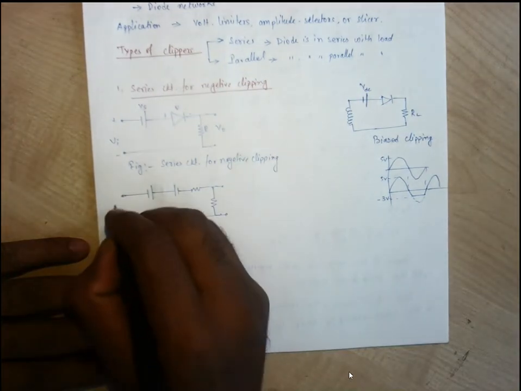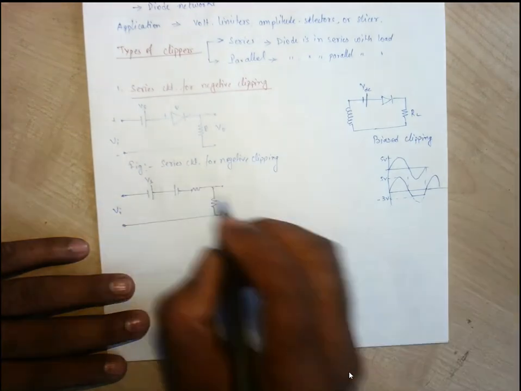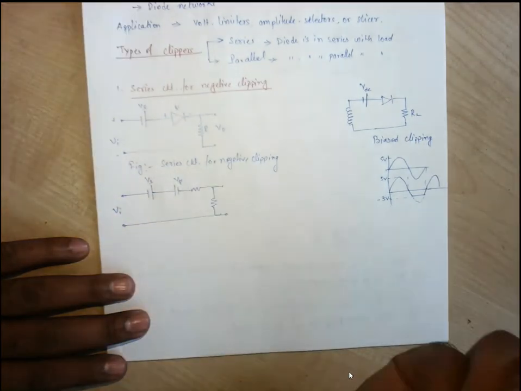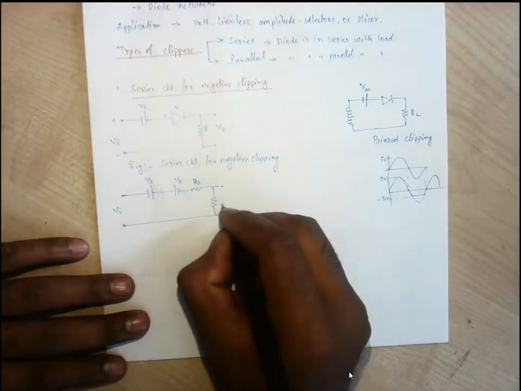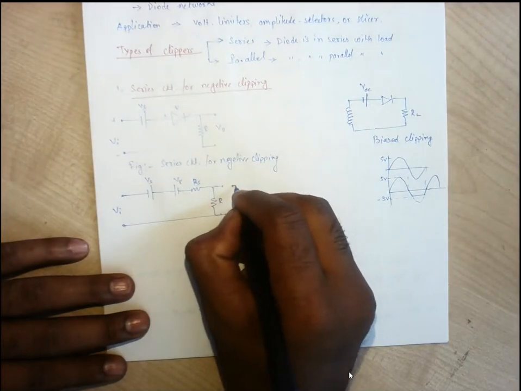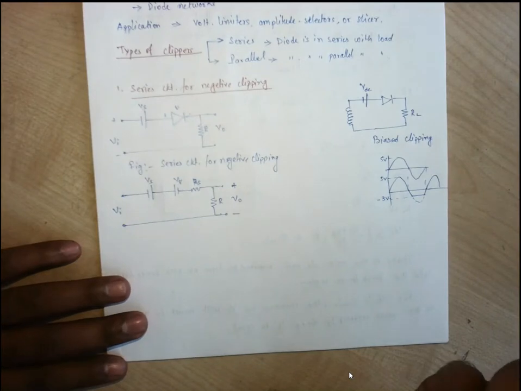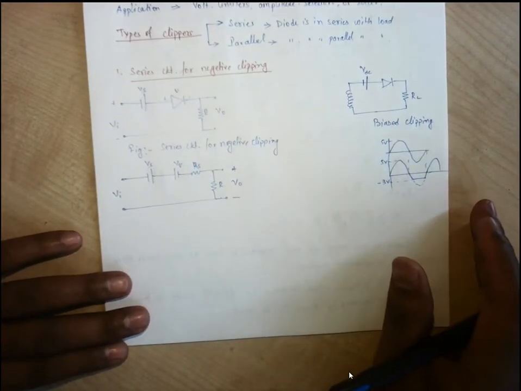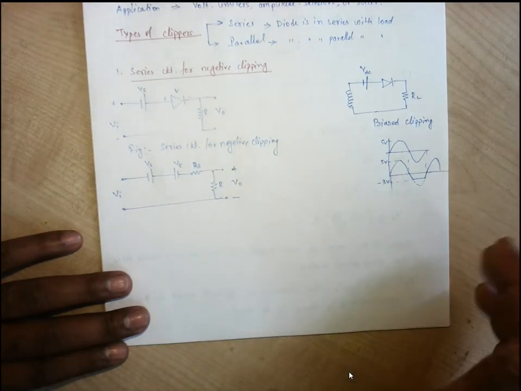This is our input Vi, this is the Vs, this is V gamma, this is Rs, this is the R, and we are expecting an output something like that. So this is the equivalent circuit when the diode is in on state. We'll find out when it will be on.